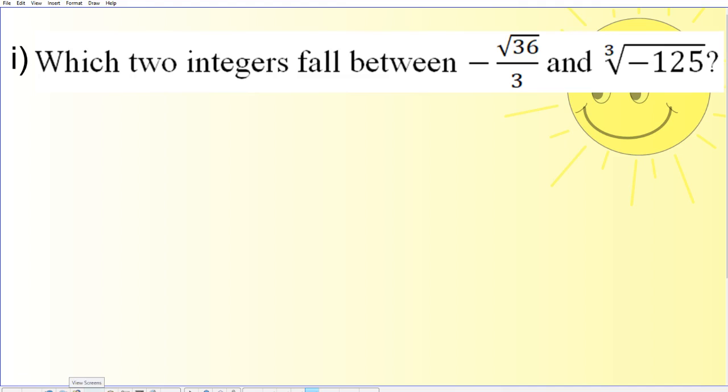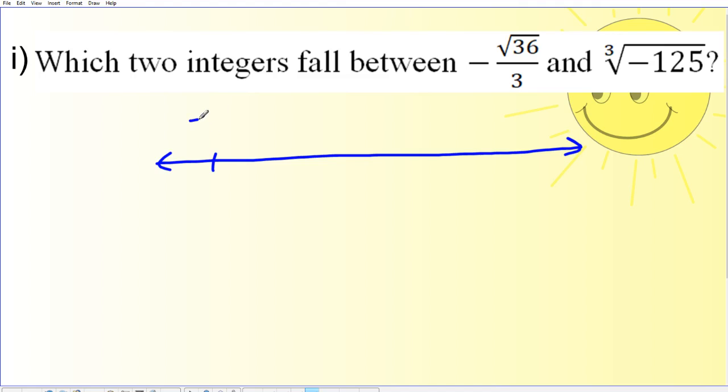Letter I. Which two integers fall between that and that? So what I assume they're talking about is on a number line. Somewhere I have, and I don't actually know what the values of these two are, but let's just play pretend that this is the smaller one.